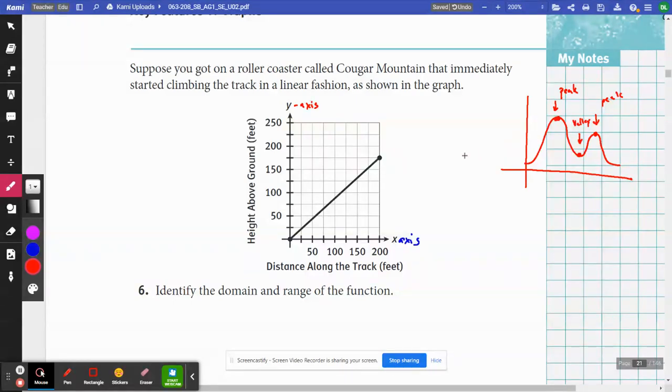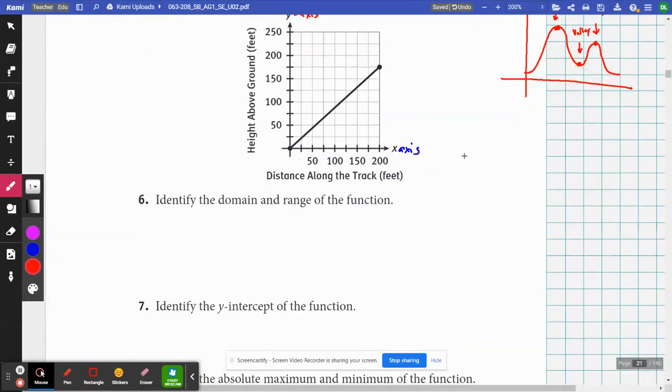It wants us to identify our domain and our range, okay? Again, this follows kind of our cheat that we talked about earlier. So we have our domain. Our domain is always our inputs. It's a list of our inputs, which is our x values, right?